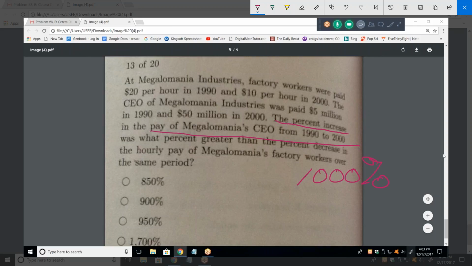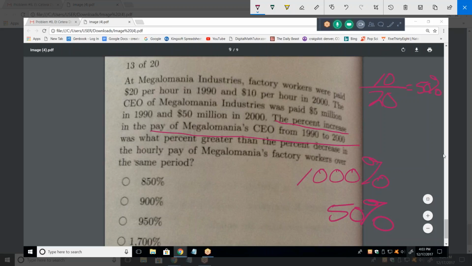Okay. And what is the decrease that the workers went? 50%. Right, $10 divided by what you start with. That's 50%. So the question is in terms of percent. It's not in terms of absolute amount at all.